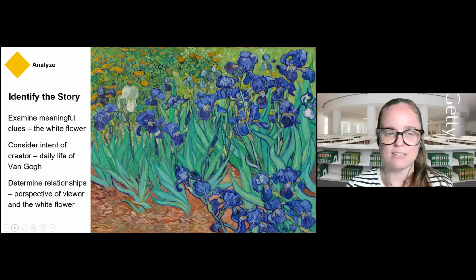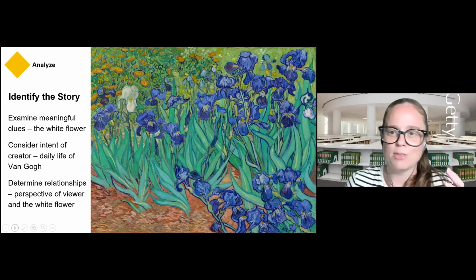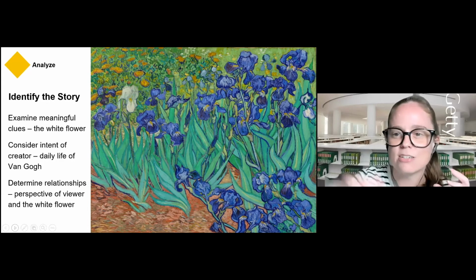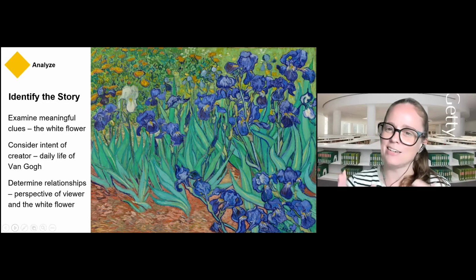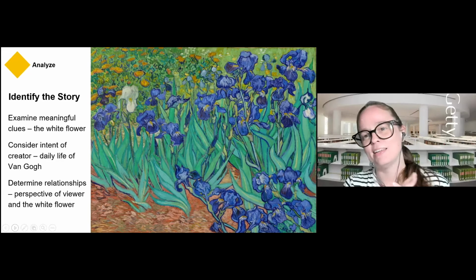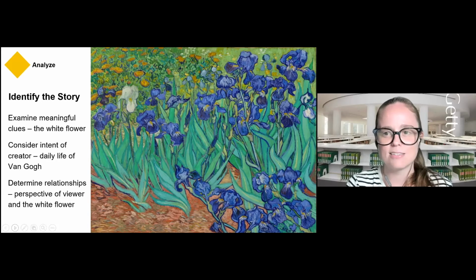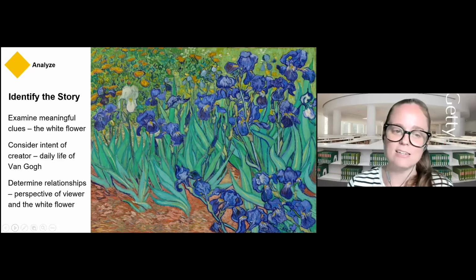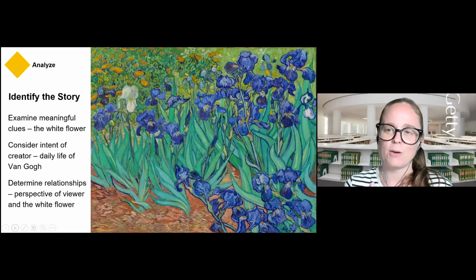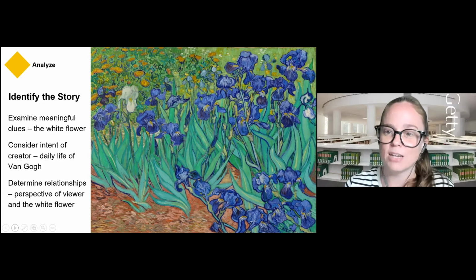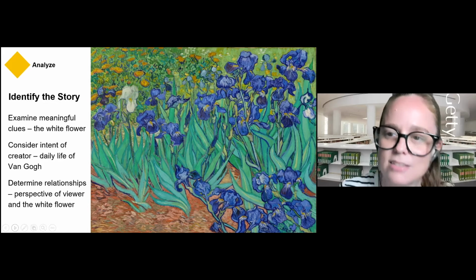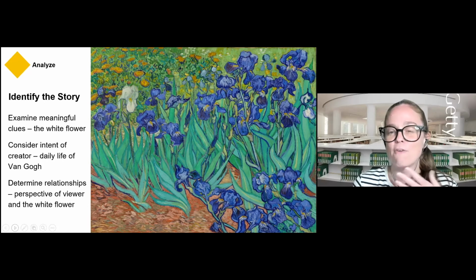And that led me to thinking about the relationships between the white flower and maybe the white flowers in the background, and how it's separated and isolated, and it's around all of these really wavy irises, standing alone in this scene. And then I thought about the perspective and how it's very intimate, how I would have to be really close in to take a look at these flowers. And so for me, that's my interpretation of the story.